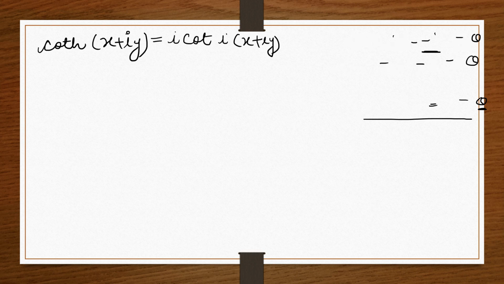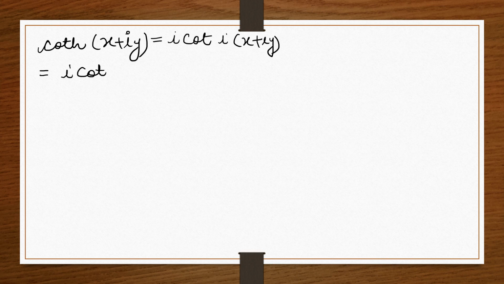Now just multiply the iota inside this x plus iota y. What will you get? This will be iota as such, cot as such. Take this iota inside, so iota x minus, here you'll get minus iota square, so that will give you minus y. Now what is this?